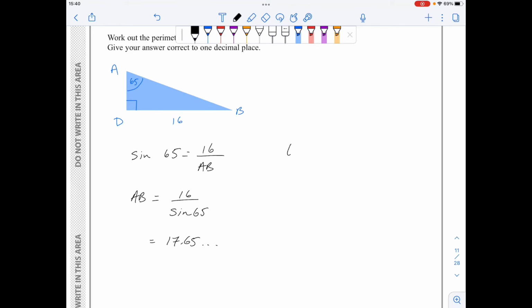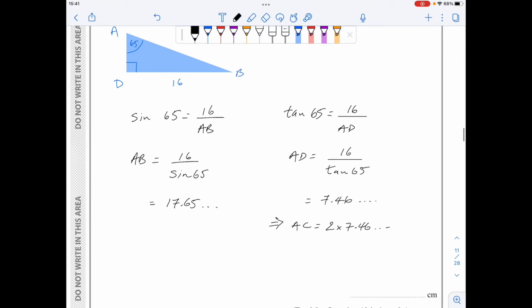Then I will also find AD. I will use tan of 65, which is equal to opposite, that's 16, over the adjacent, that's AD. So AD is equal to 16 over tan 65. This gives me 7.46 and so on. Hence, the whole vertical side AC is 2 times 7.46.